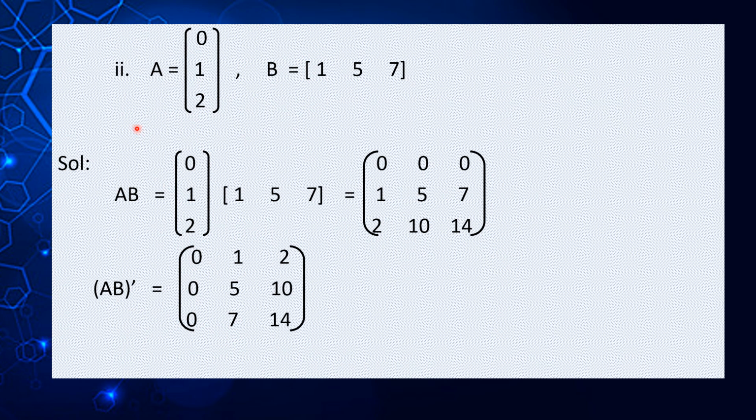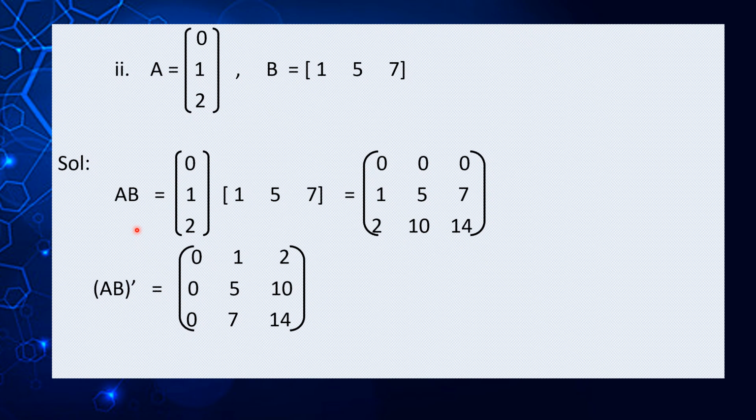Now, second part of the question is A is equal to 0, 1, 2 and B is equal to 1, 5, 7. Now, in order to verify the given condition, we would consider LHS part, that is AB the whole transpose.